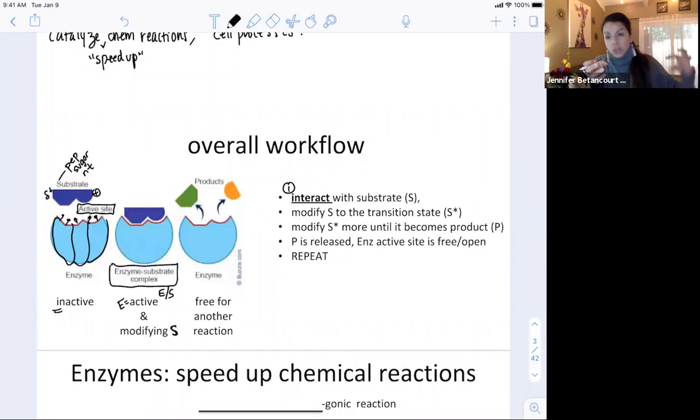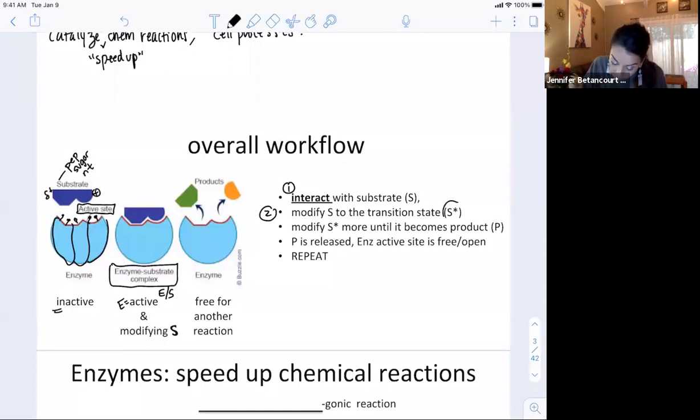It has changed too much. So now we call it this transition state. The enzyme modifies the substrate to this thing called a transition state. It's kind of like a midway point, okay? So it no longer looks like the substrate, not quite yet the product the cell needs: transition state.